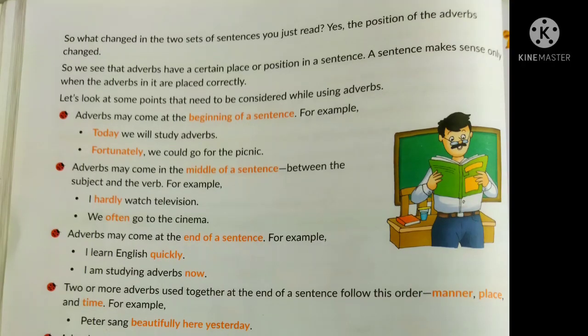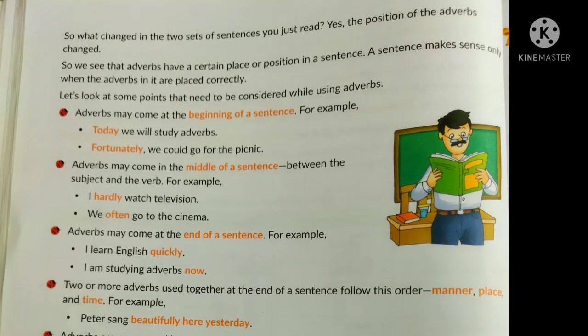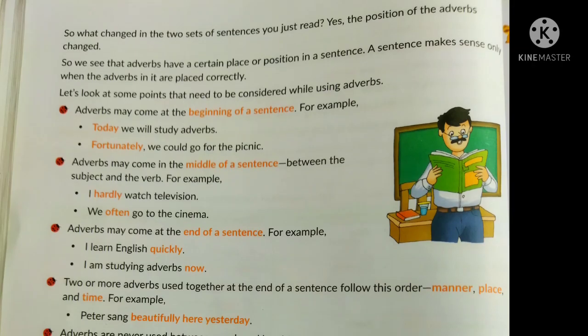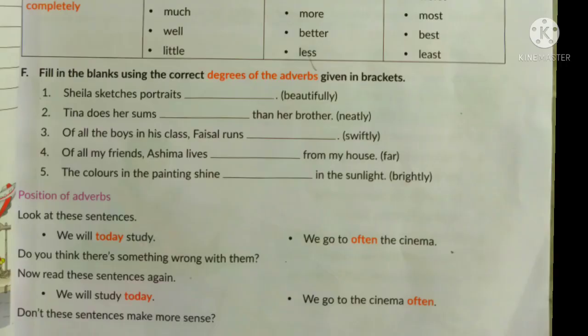Now, let us understand the position of adverbs. Look at the given sentences. We will today study. Second sentence, we go to often the cinema. Students, do you think there is something wrong with them? Yes, there is a mistake here.